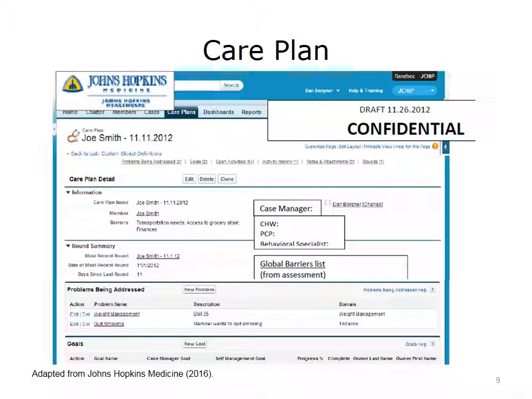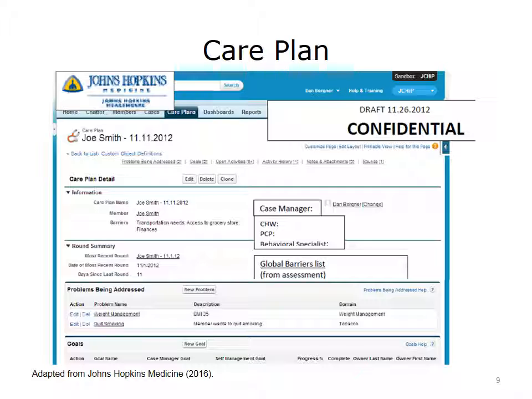For this patient, detailed information about the patient and his demographics is included in previous pages. This page shows the details of the patient's care plan, such as the names of the case manager, the community health worker, and the primary care physician, details typically identified as part of an overall care plan.